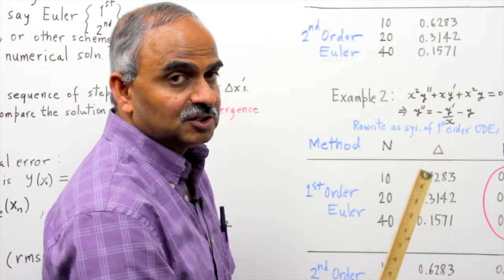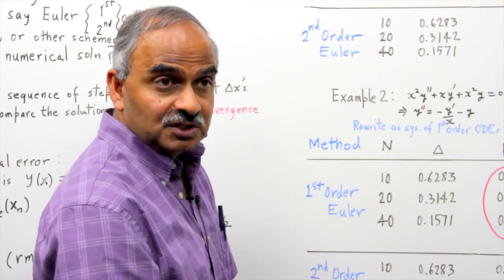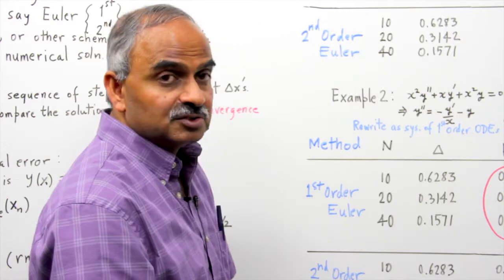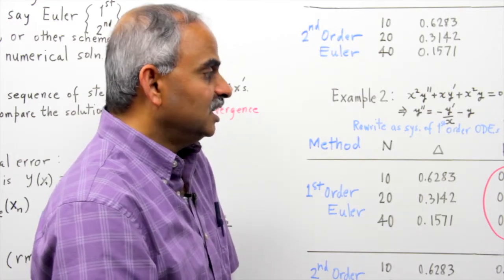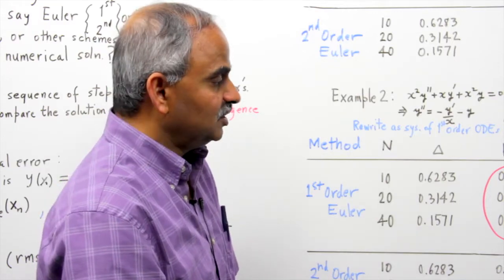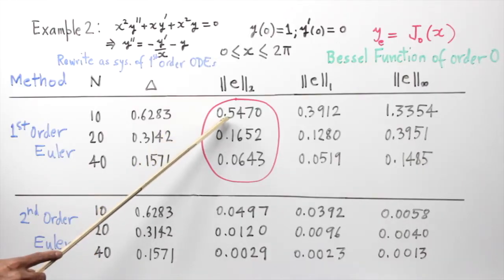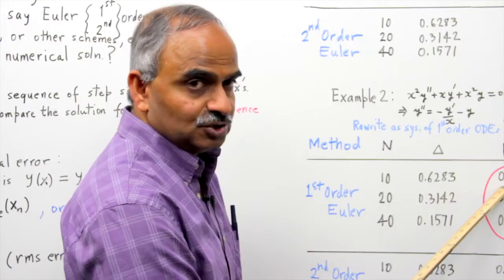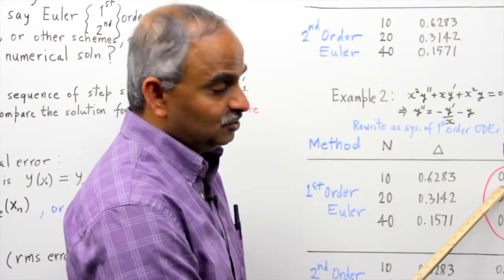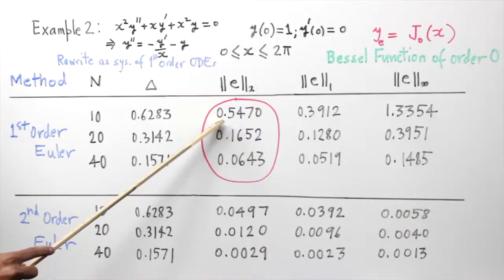Note again that the Bessel function starts at value 1 and oscillates, becomes negative with a small value for the extreme negative number that it reaches, and then decays and keeps on oscillating and so on. And so this error is actually quite substantial. It's quite large for a function which is varying essentially from 1 and is decaying to 0. It has an undershoot. It goes to the negative side, as you have seen from plots of the Bessel function.